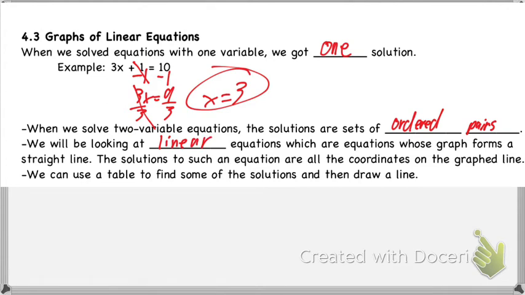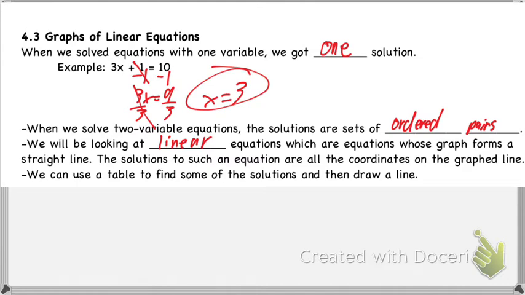So it's an equation, and if you graph the equation, which we'll learn how to do, you'll make a straight line. The solutions to an equation are all the coordinates on the graphed line. So any point that is on the line is a solution. So as long as you have the correct x and y, it'll be a solution. So there's a ton of solutions now.